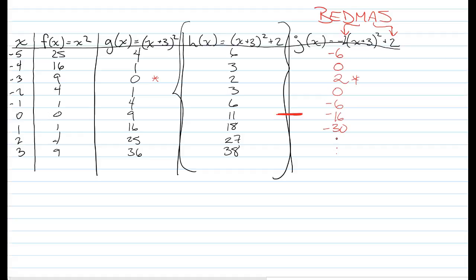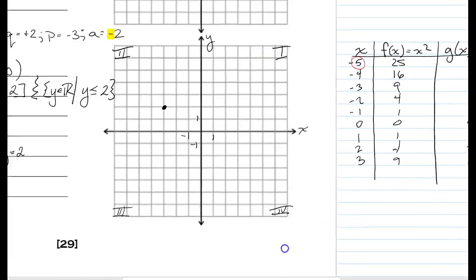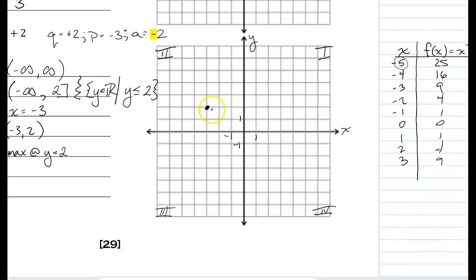So now I've got some new values. I've got x is -5, y is -6, and I can plot that here. X is -5, so 3, -4, -5. Y is -6, so -3, -4, -5, -6. And I've got a point there.